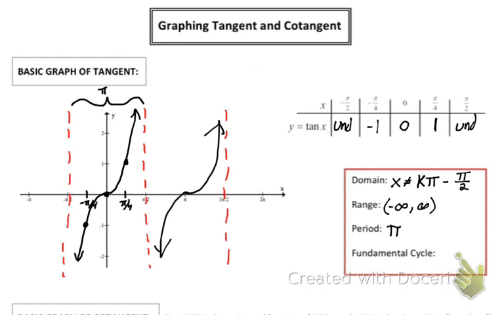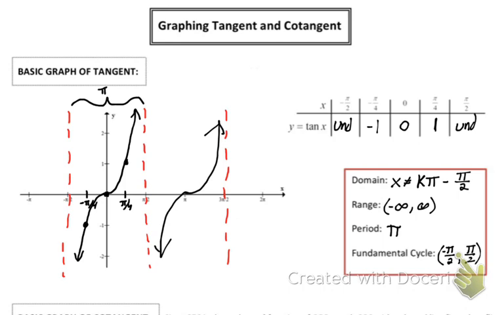Our fundamental cycle, I'm not too concerned about fundamental cycle. I told you before, I barely ever talk about it. Our fundamental cycle is negative pi over 2 to pi over 2. It's basically asking what are your x values that contain that one cycle that we draw most of the time. I'm not going to ask that on a test.